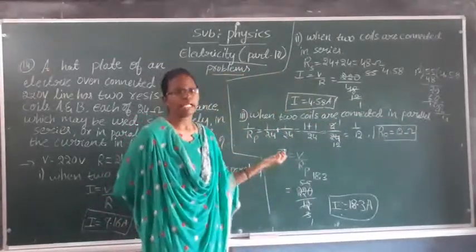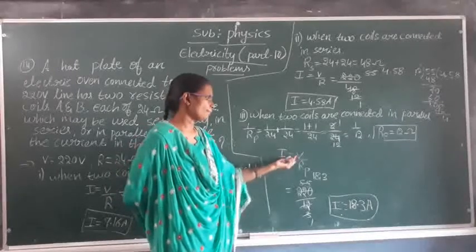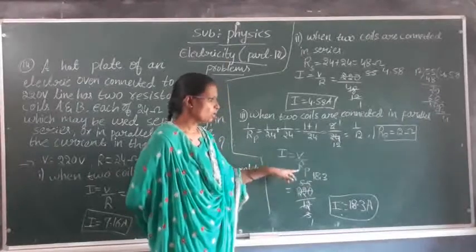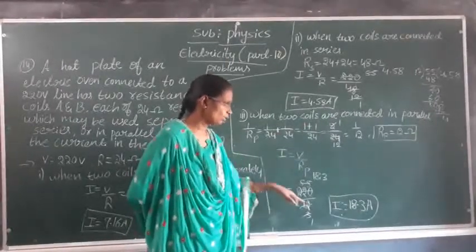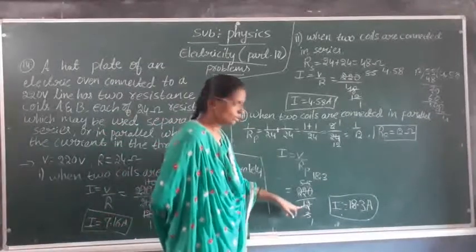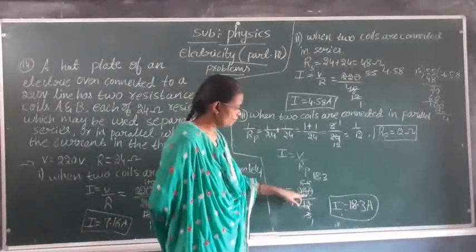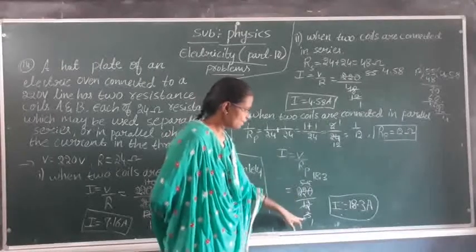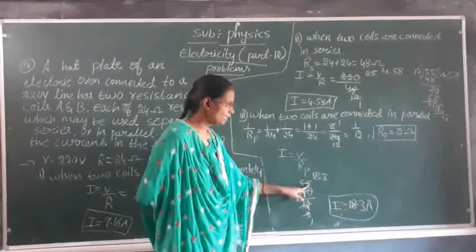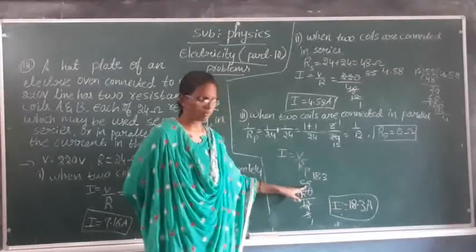So in this case we have to find the electric current. So I is equal to V by Rp. So V is the same, 220 volt. So Rp how much? 12 ohm. So cancel this one. 4 3s are 12, 4 5s are 20. So again 3 1s are 3. 2 remains, 25, 3 8s are 24.